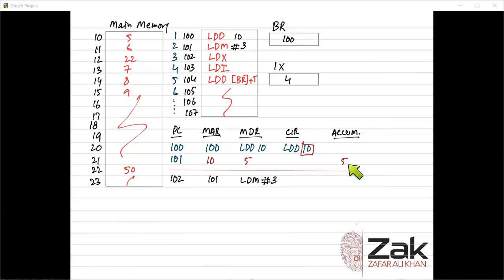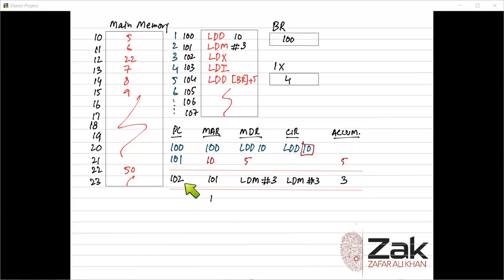So this 5 will be replaced by 3. From MDR it goes to CIR and then, without accessing memory, the value will directly be loaded to the accumulator.